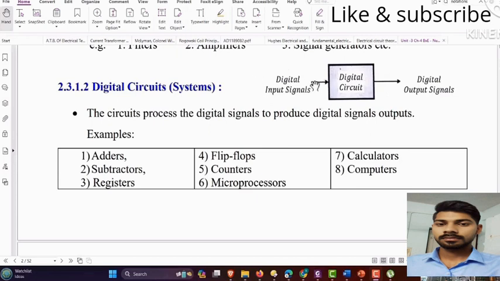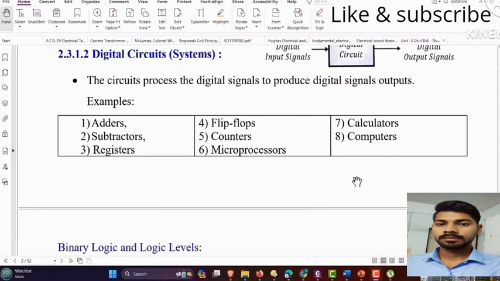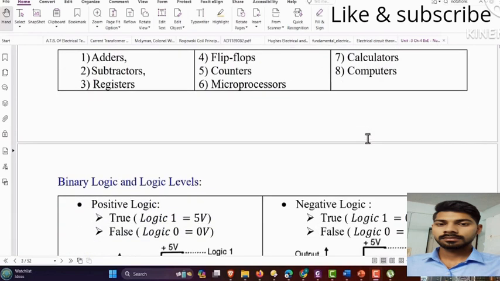It can be single channel or multi-channel digital inputs or multiple digital signals, and it can generate single or multiple output digital signals. The typical examples are digital adders, subtractors, the data registers, the flip-flops, the counters, microprocessors, calculators, and computers, and so on.